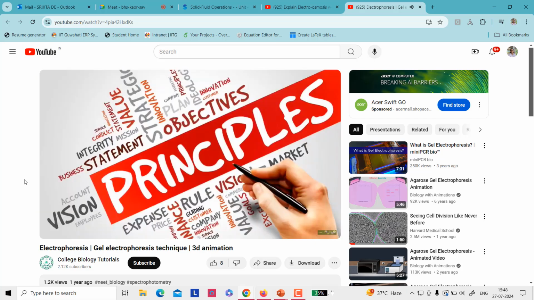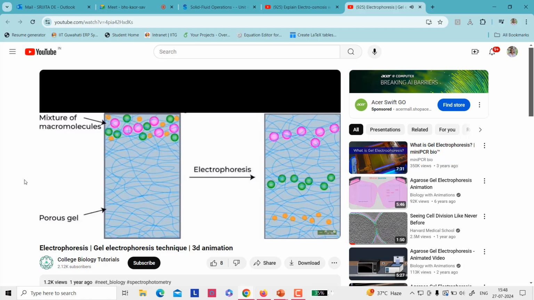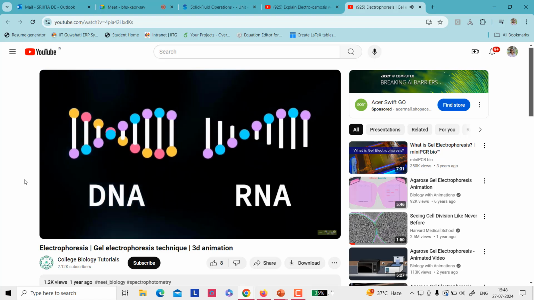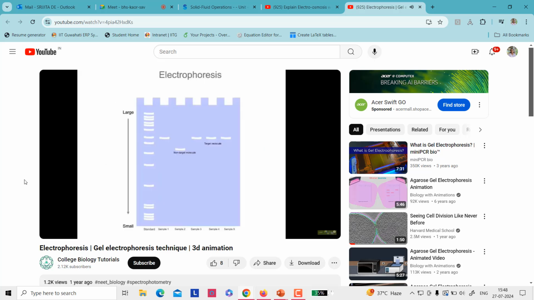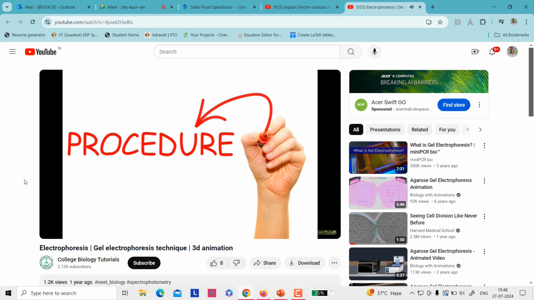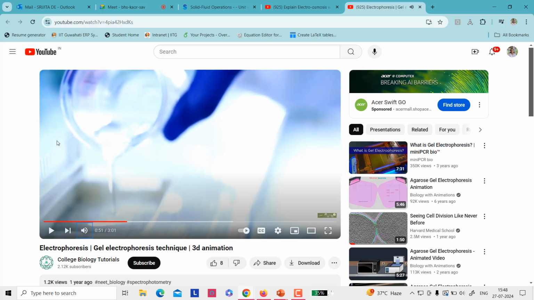The principle of electrophoresis is based on the fact that charged particles, such as DNA, RNA, and proteins, can be influenced by an electric field. When an electric current is applied to a medium containing these charged particles, they migrate towards the electrode of the opposite charge. Procedure: 1. Preparation of the gel. So the biological matters like DNA, protein, even cancer cells nowadays are separated with this electrophoresis or dielectrophoresis.